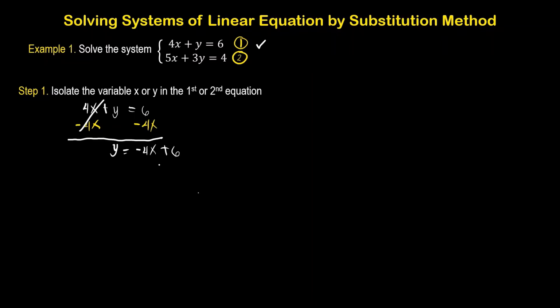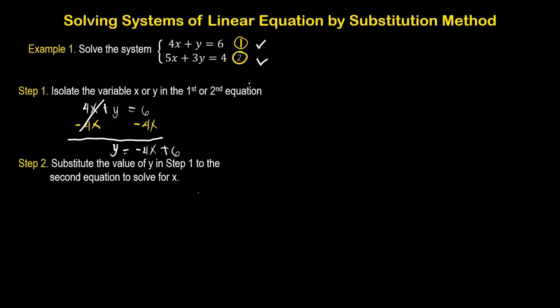So, gagamitin ko to para sa aking second step, which is to substitute the value of y in the step 1 to the second equation, which is 5x plus 3y is equal to 4 to solve for the x. So, gagamitin natin to, yung second equation, we have 5x plus 3y is equal to 4.